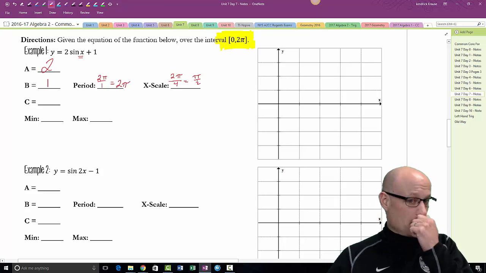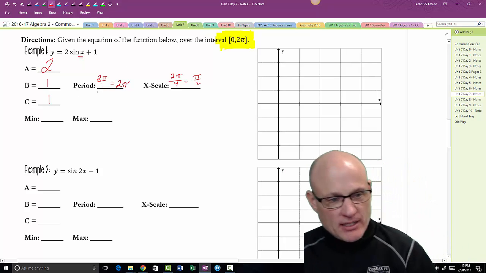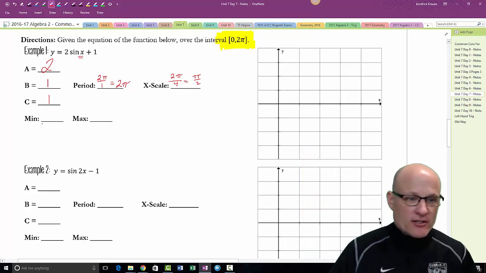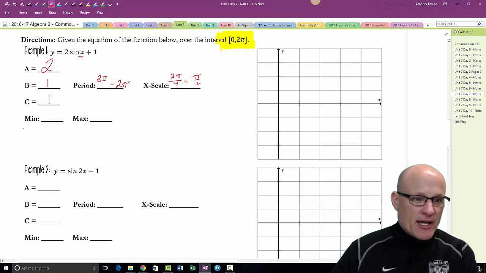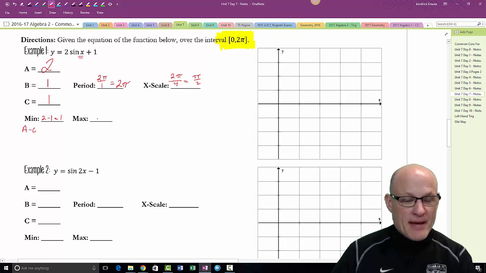Okay. My C is 1. And if you remember correctly, max and min are A minus C. Remember, min is A minus C, which is 2 minus 1, which is 1. And max is 2 plus 1, which is 3.